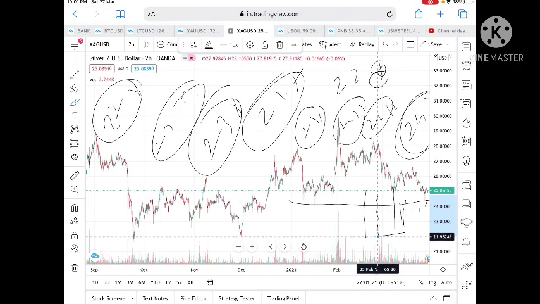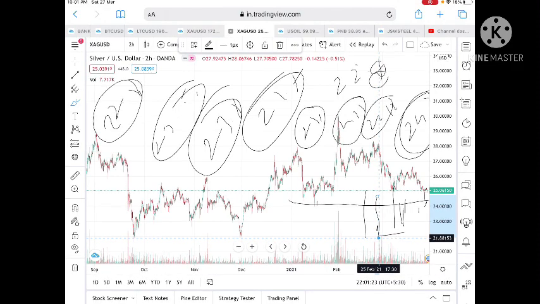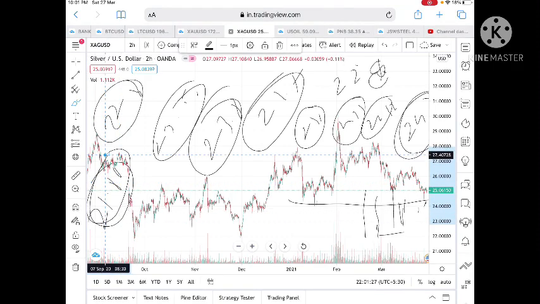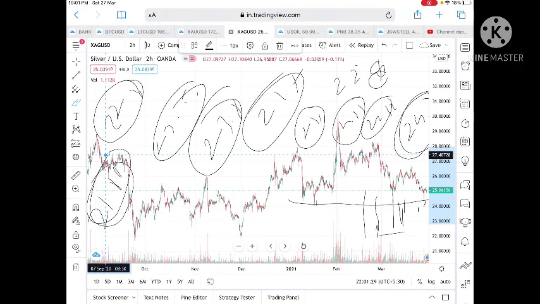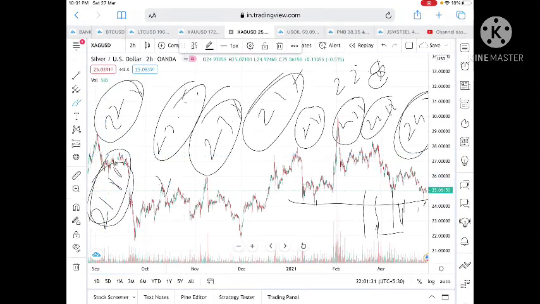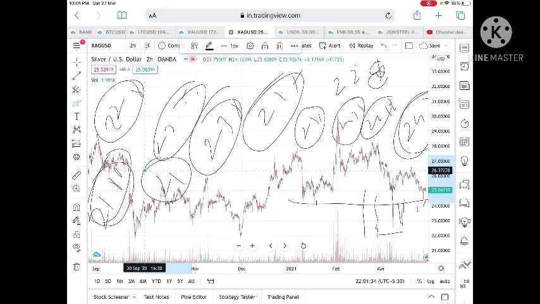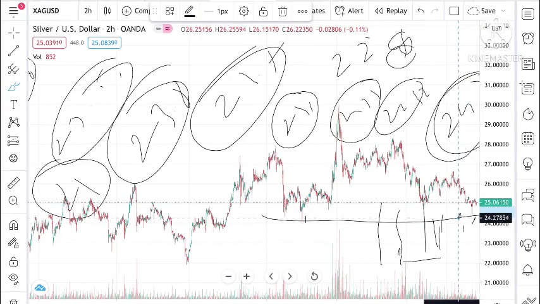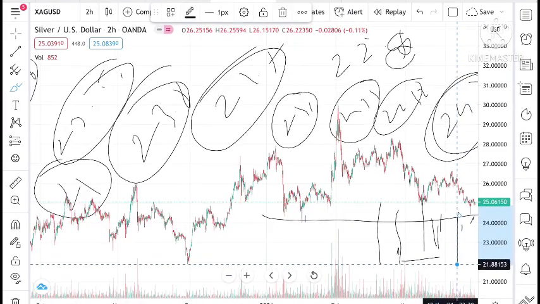Once 21.88 is touched, it can touch a level of 21 also. Once 22.5 is broken, we can see a level of 22.8.